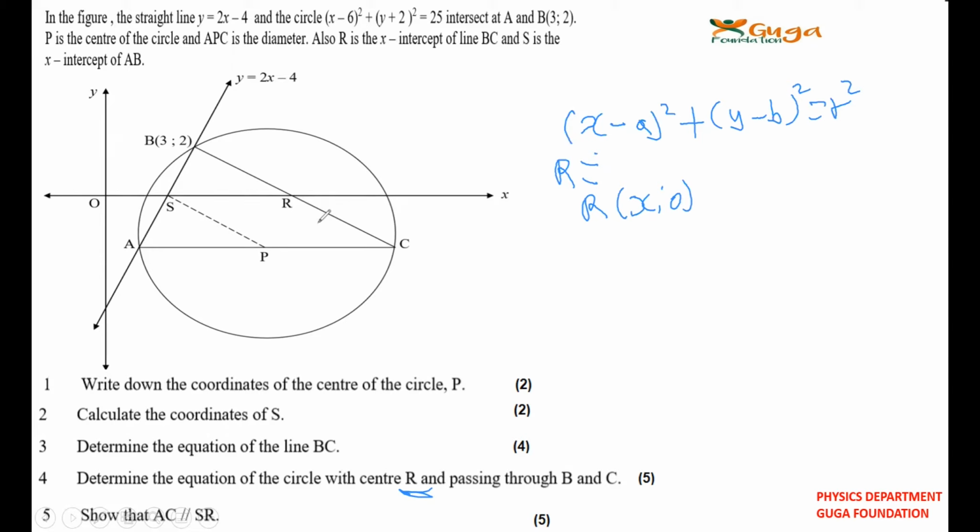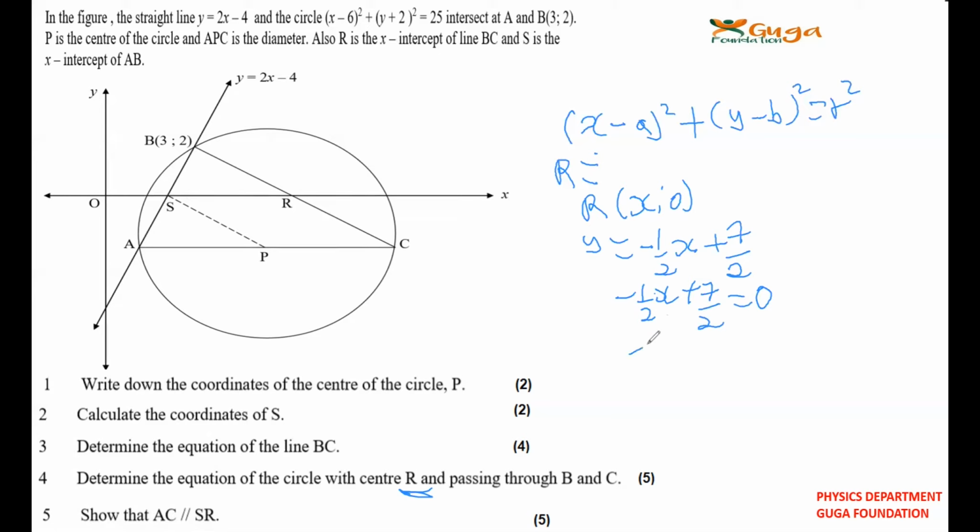So the equation was y = -1/2 x + 7/2. You just substitute, it will be -1/2 x + 7/2 = 0.